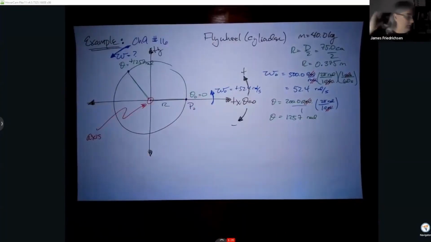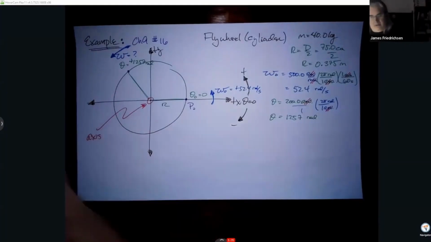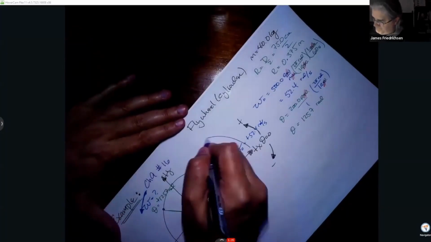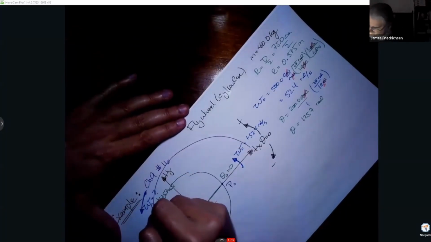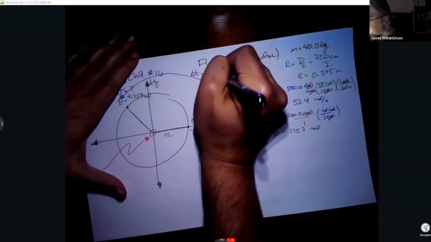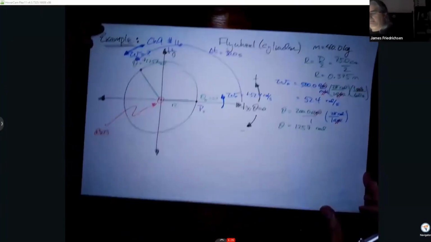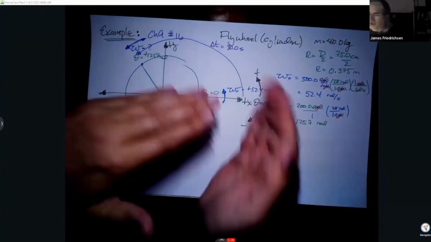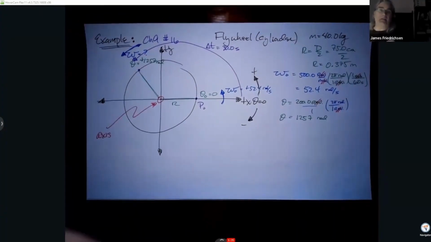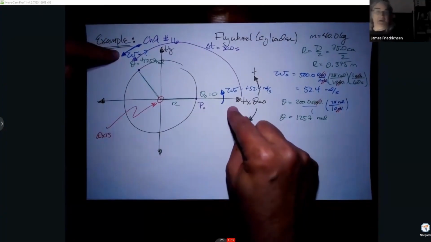And what did it tell me? I think I know something else. Oh, the power was off for 30 seconds. Okay, so that means from here to here, this is our 30 seconds. Now, since we are slowing down, what do we know about our acceleration relative to our velocities?